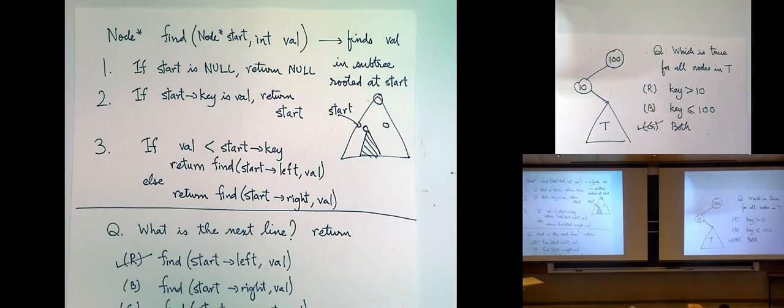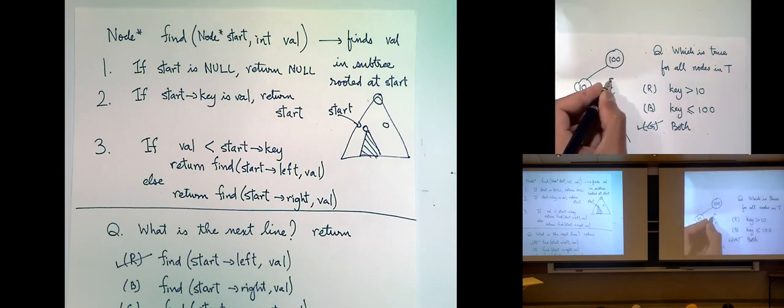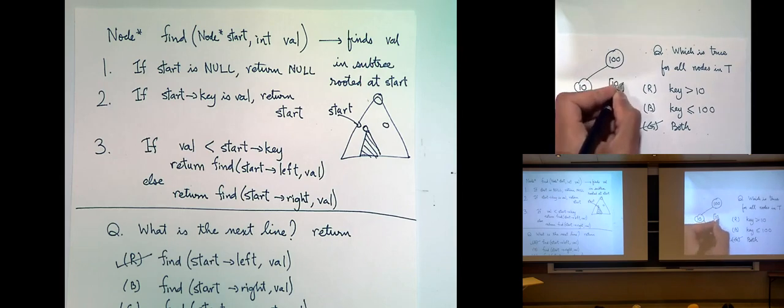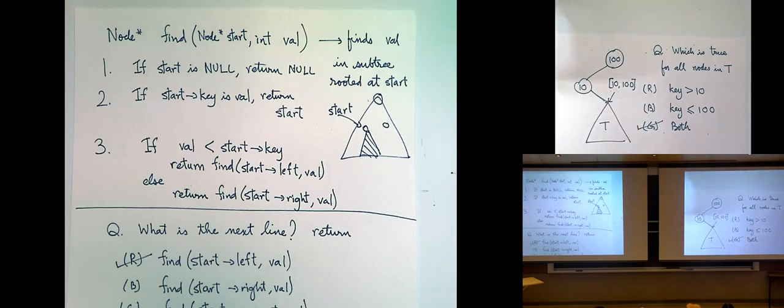So if you actually think a little bit more carefully about it, what happens is that as it goes down the tree, there's a particular range of values that it's maintaining, and that range keeps reducing. So right now, all the nodes here are in the range 10 and 100. Once it goes down here, which of these is going to change?